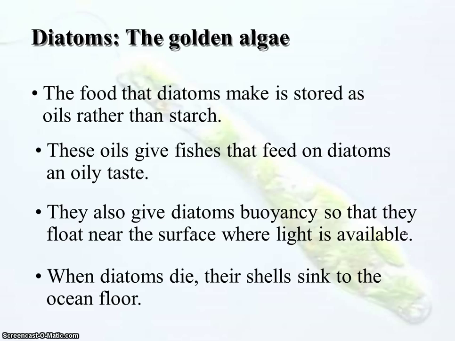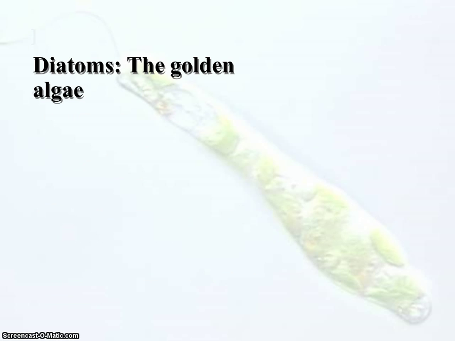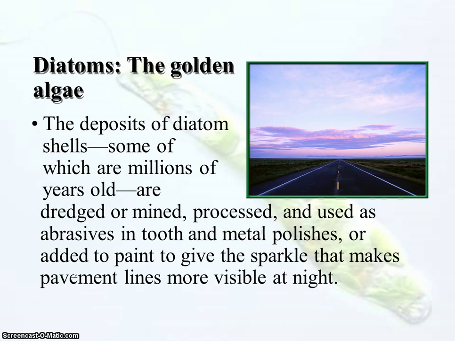Even though they're a food source for a lot of different organisms in the ocean and in aquatic environments, there are so many of them that there is a very small chance of them ever running out. But when they die, if they're not eaten, their shells that make up those patterns we looked at on the slides before sink to the ocean floor, and they build up over thousands and thousands of years.